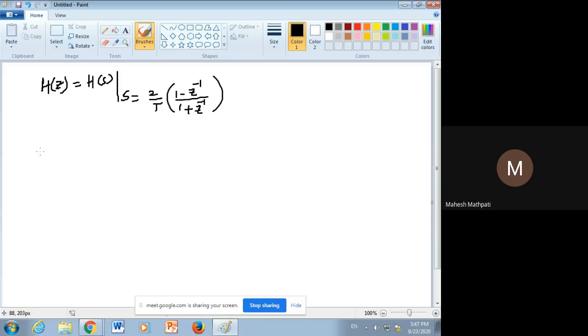Therefore, our given transfer function H of s is given as 2 divided by (s plus 1) into (s plus 2).